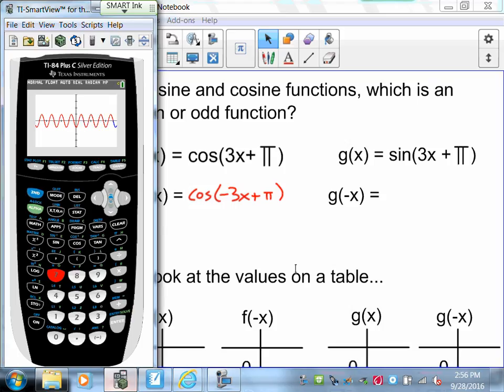And if you want to check it with a table, take a look at the table. Go second table. Notice that the y's are all the same. Yours are not the same? Did we type in the same thing?